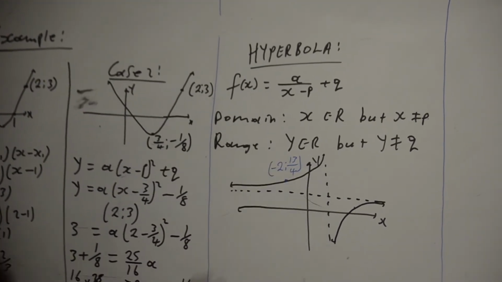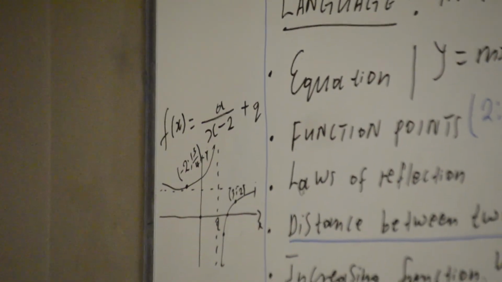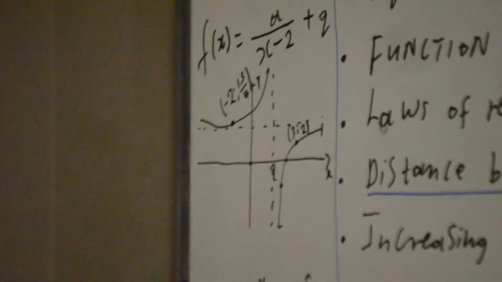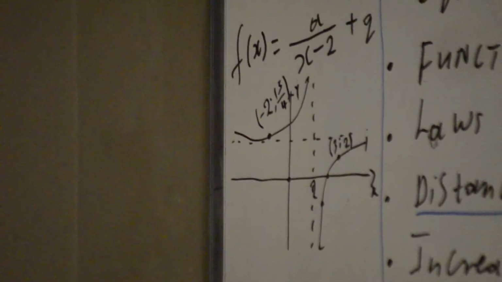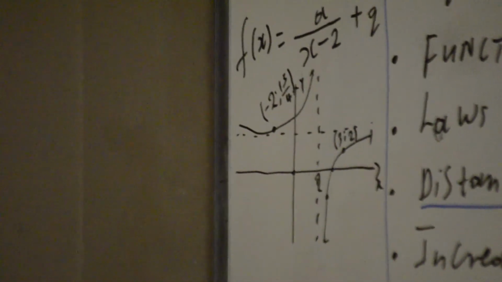Then another point is 2 is to 3. So you'll be given those two points, and you find P and Q. Then we must calculate P and Q now.